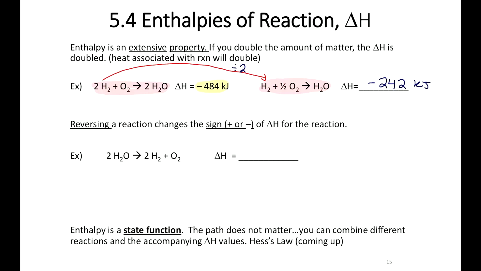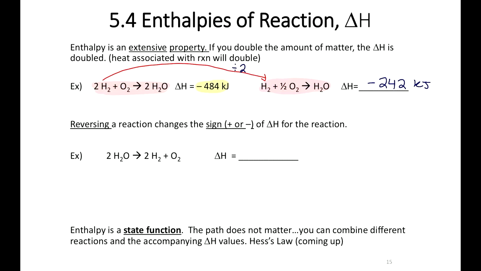The idea is like, if a full gas tank can take you 400 miles, how much will half a gas tank take you? 200 miles, all right? So energy scales with how much matter you have present. That means if I doubled this reaction, I'd have to double delta H. If I tripled this reaction, I'd have to triple the amount of delta H, the amount of heat that's generated.